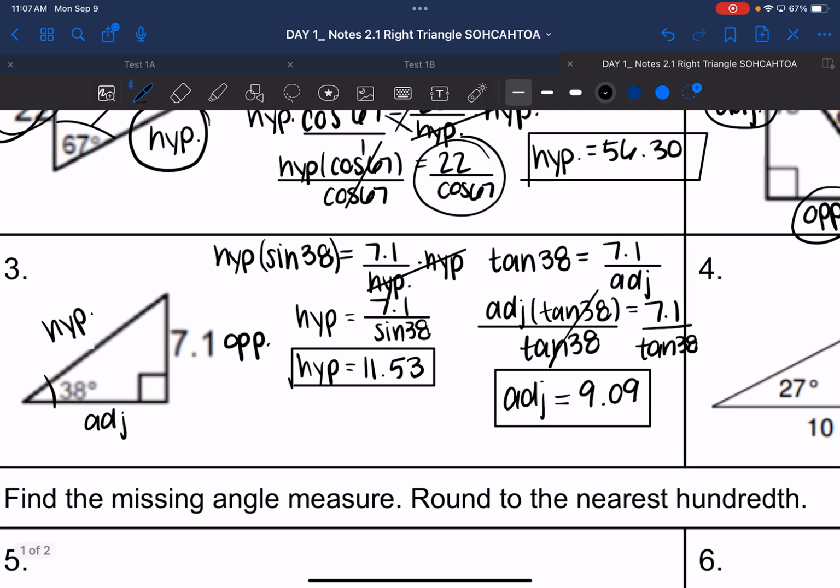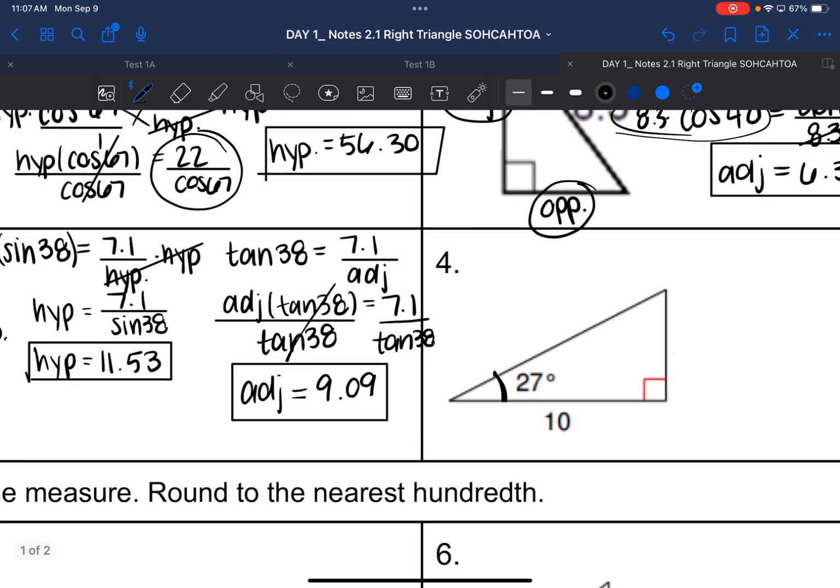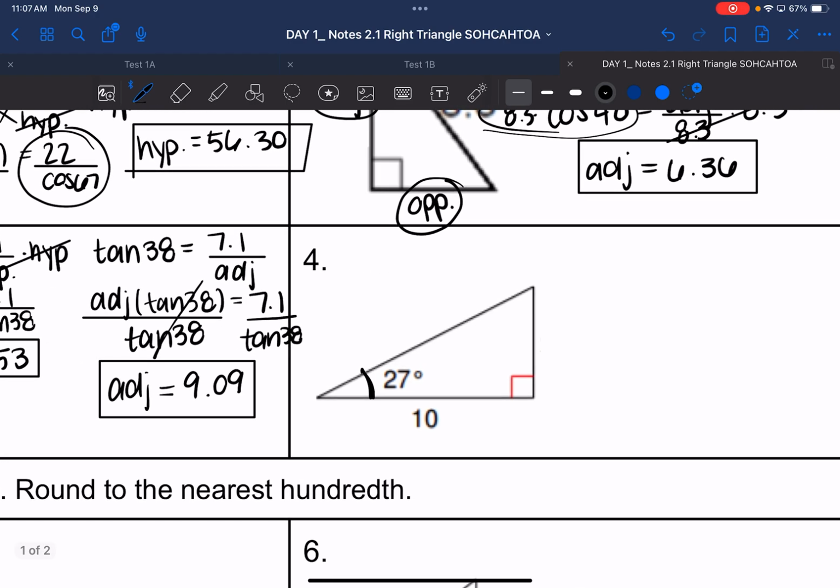Okay. All right, number 4. On number 4, here was our given angle, right? 27. Okay. What's the 10? Adjacent. Very good. Okay, so let's say we want to find the opposite side first. If I'm looking to find the opposite side and I know adjacent, I have to use what? Tangent.